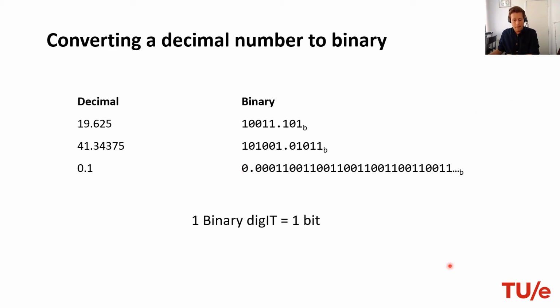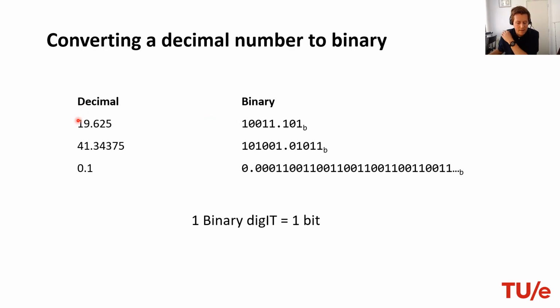Also, an important term that I would like to introduce here is the specific term for a binary digit, which is a bit. So binary digit is a bit. And several decimal numbers can possibly be represented using a different amount of bits.